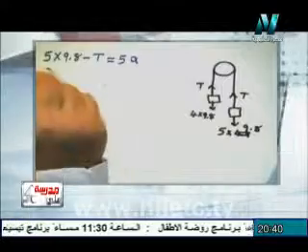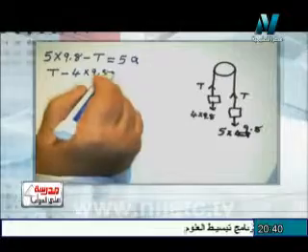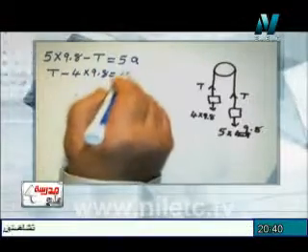The other: T minus 4 multiply 9.8 equal 4A.